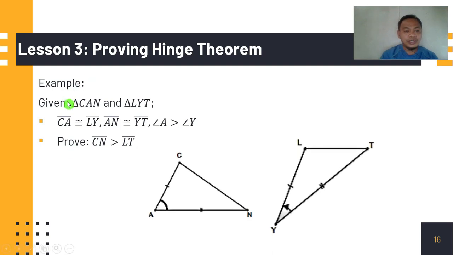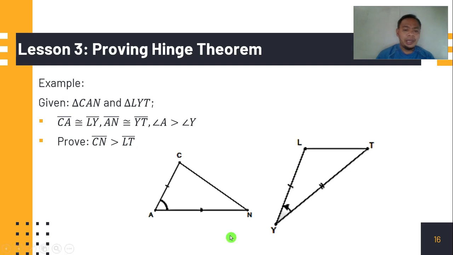Given triangle CAN and triangle LYT. Given here, CA is congruent to LY. This is not drawn to scale, so don't be surprised, but CA and LY are congruent.